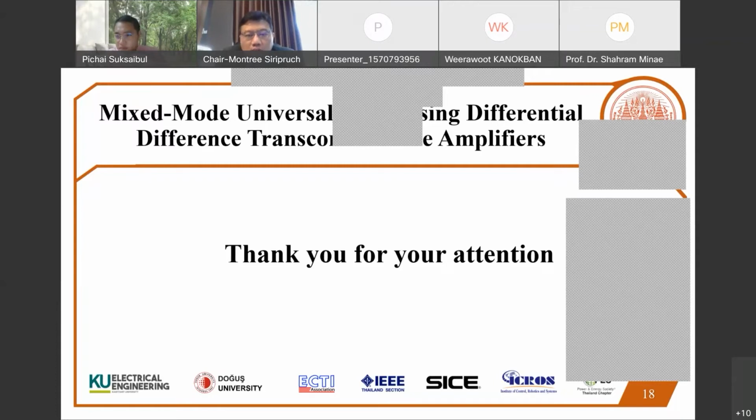The advantage I mentioned is the issue for implementation in IC, because it is not a floating device. So in your work you want to use only the grounded capacitor, right? Yeah. Okay. Any more questions from the audience?